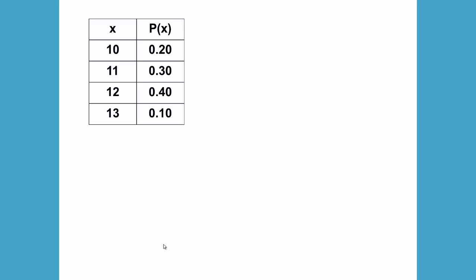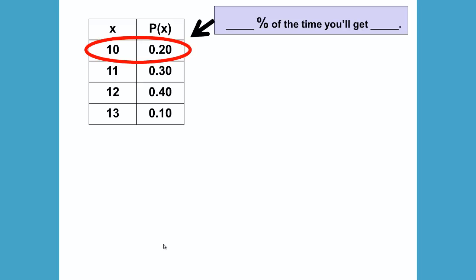First, we want to look at the table and think about what that table really means. X is the data value. So under the X column are the data values that we have in our distribution: 10, 11, 12, and 13. The P of X column represents the probability that we have for each particular data value.